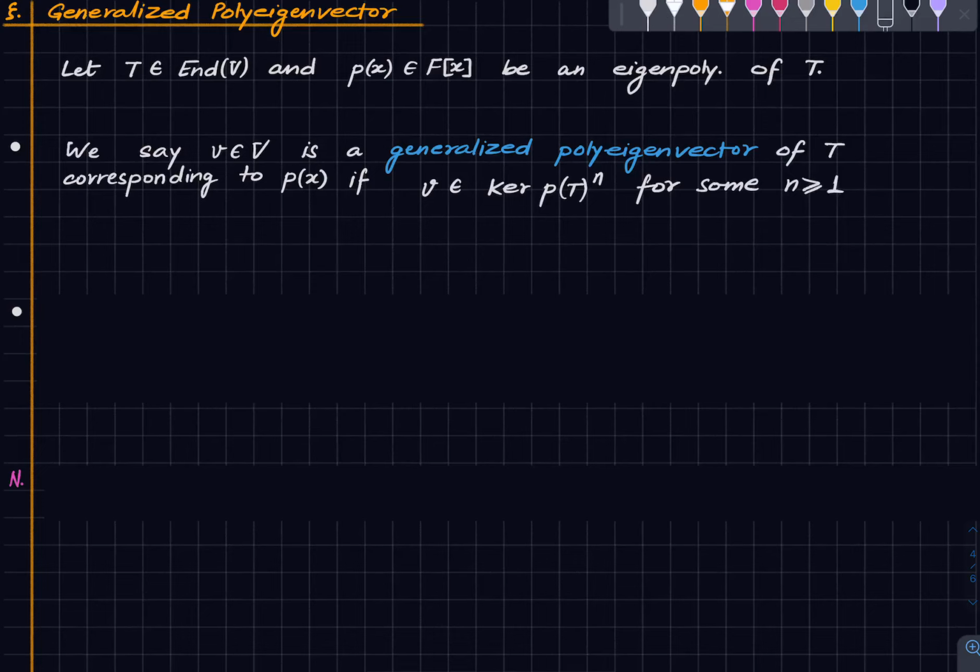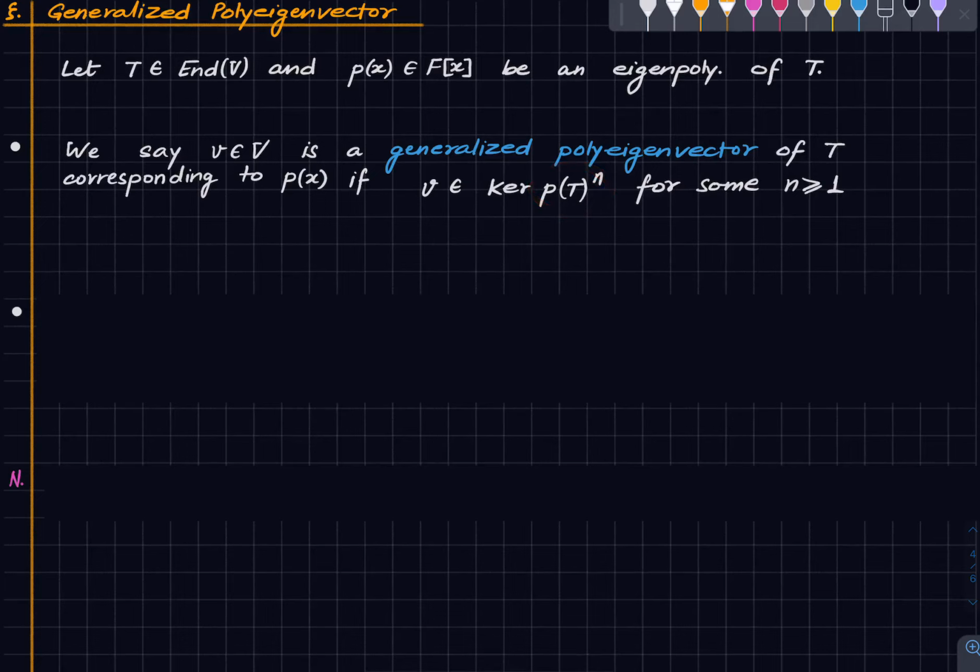So clearly every polyeigenvector is a generalized polyeigenvector, because if you just substitute n equals 1, then you get polyeigenvectors. But here we are having a relaxation.